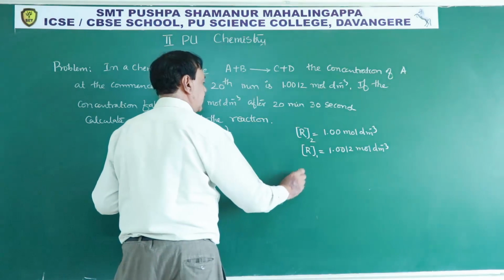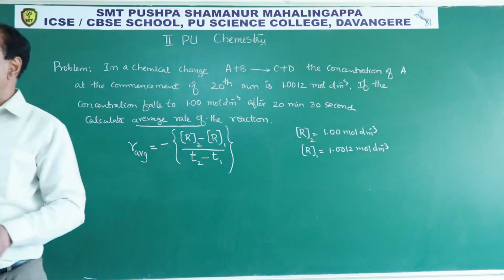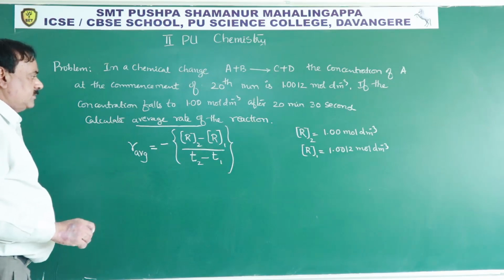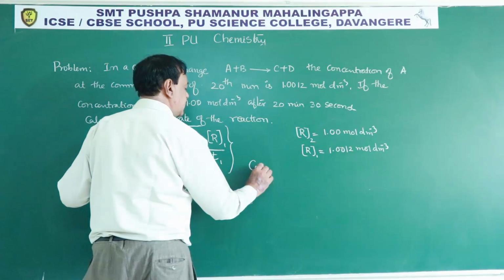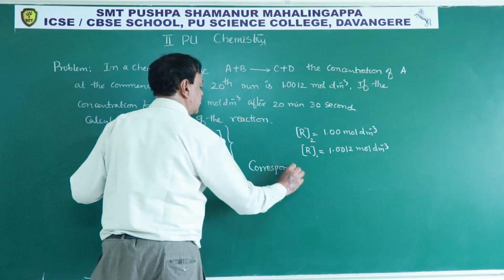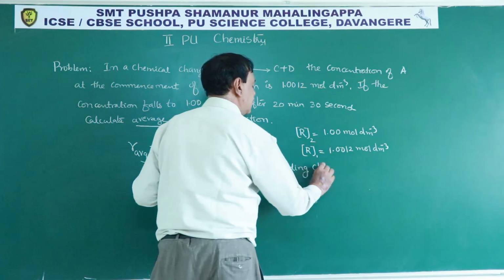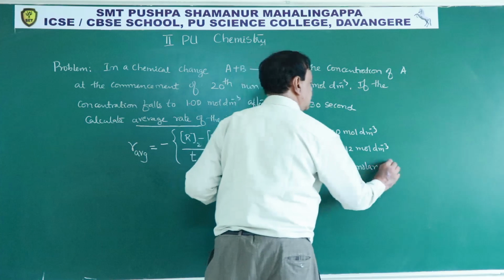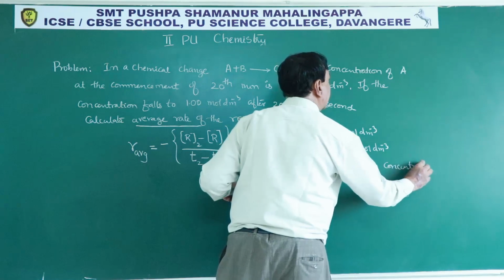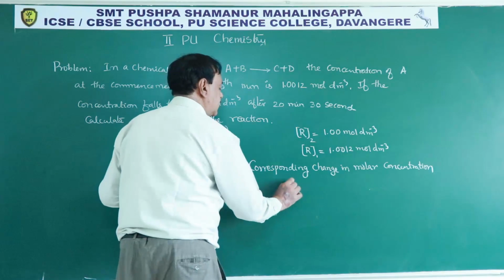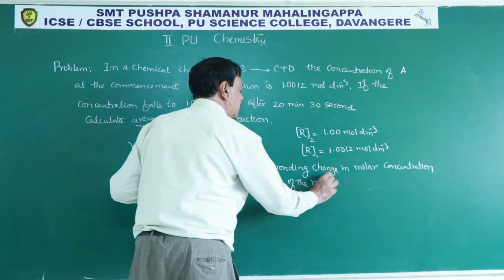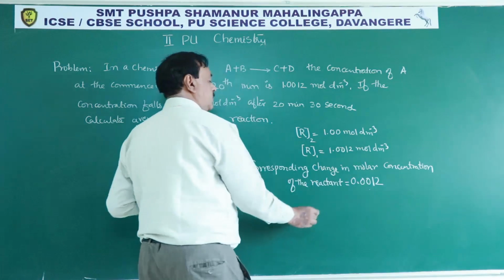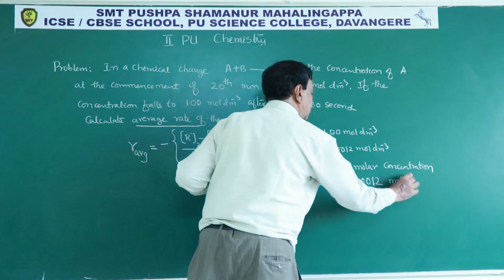R1 minus R2 difference is the corresponding change in molar concentration of the reactant, which is equal to 0.0012 moles per liter, or moles per cubic decimeter.